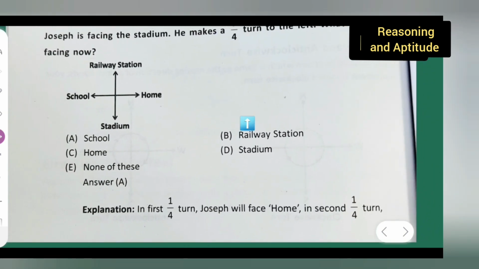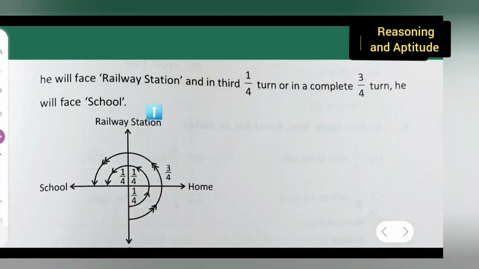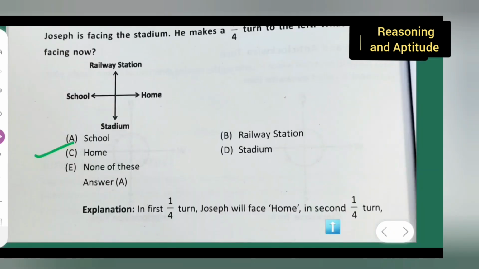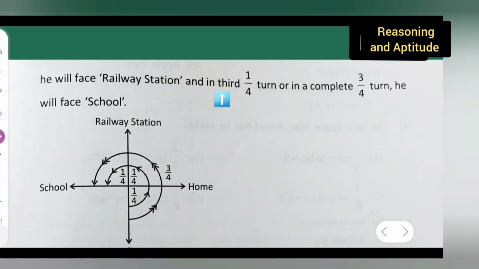So the answer is obviously A1. Why? Because in the first 1/4 turn Joseph will face home. In the second 1/4 he will face the railway station. And in the third 1/4, a complete 3/4 turn, he will face the school.